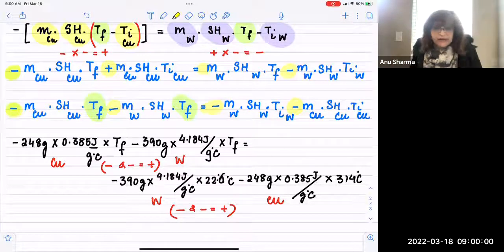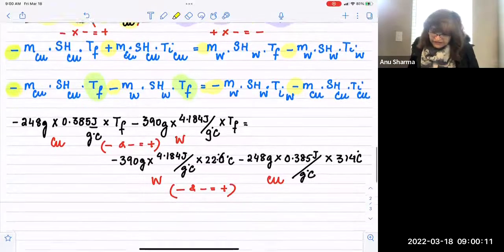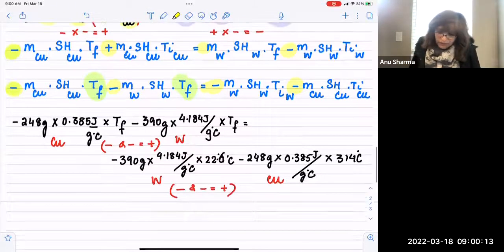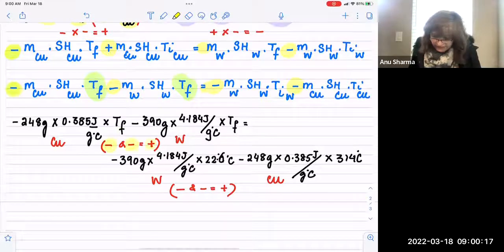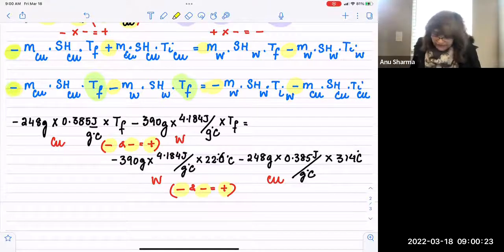So the whole idea of setting up the problem like this is, number one, canceling the units, and second, the signs also. Once you plug in all the numbers, you see that negative and negative become positive, and then negative and negative become positive. That is very important, and that is why we do this.